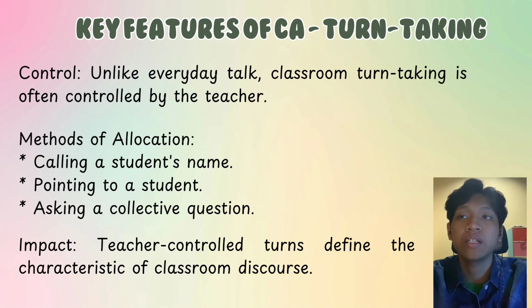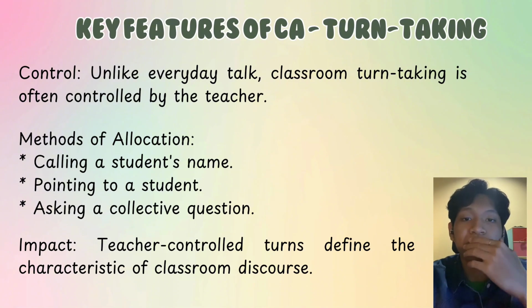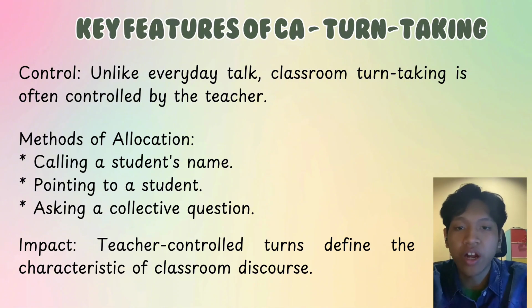Next slide is one of the key features, which is turn taking. Say in a coffee shop, people take turns naturally, but in a classroom, the teacher is the traffic controller, allocating turns by calling names or pointing.